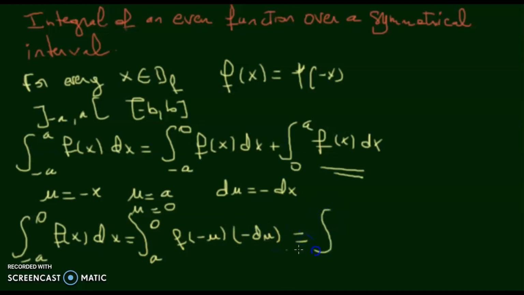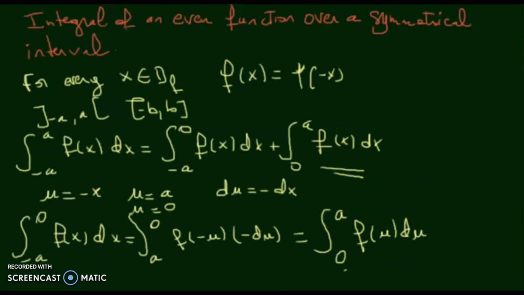We're going to use the minus here to switch the order of the bounds. So it's the integral from 0 to a, and since f is even, f(-u) equals f(u), so f(u) du. And what we see here, since f is even, is that it's the same thing as the integral that we didn't touch previously.